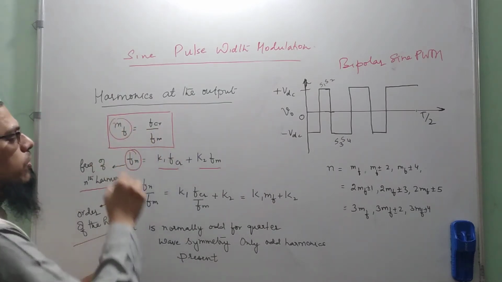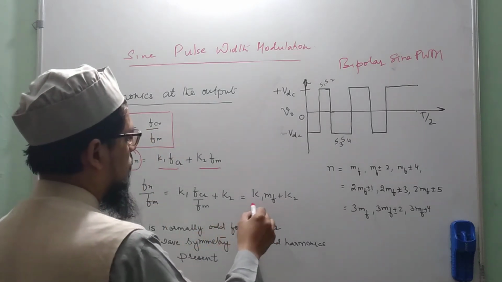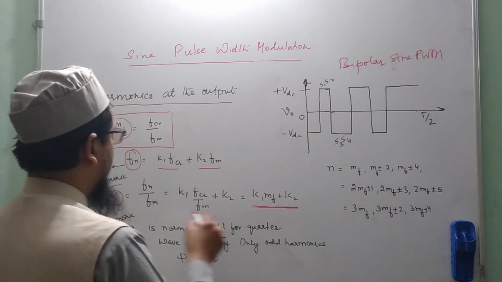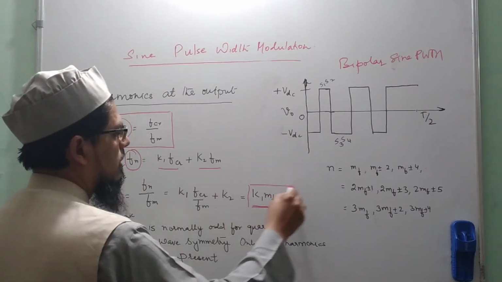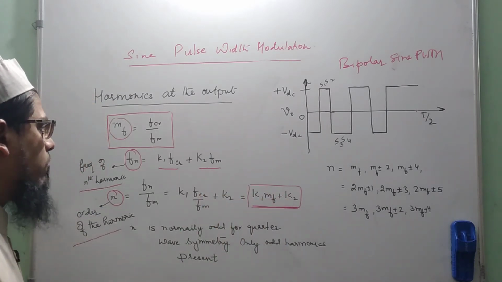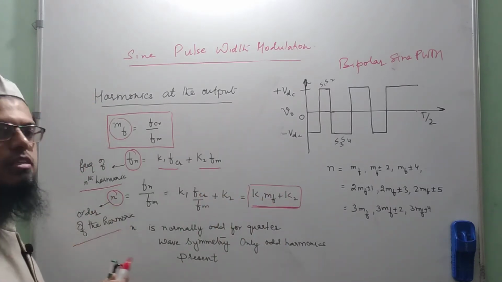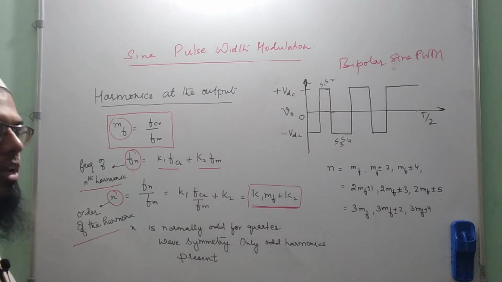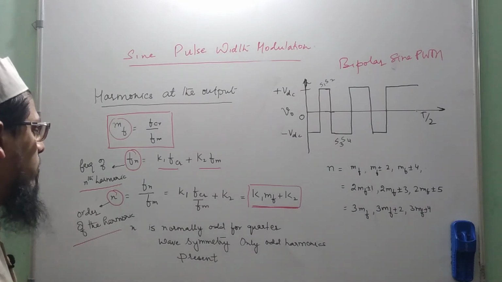So you could see that the order of the harmonic is given by K1 times MF plus K2. Now normally this n is kept an odd value. Why?